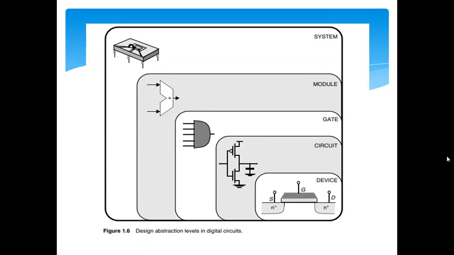But if you consider Verilog, then it is a four level design. Up to gate level you can design using Verilog, not VHDL. VHDL you can design up to three levels only. In case of Verilog you can design up to four levels. So you might have remembered that point. This is about the design abstraction levels in digital design.